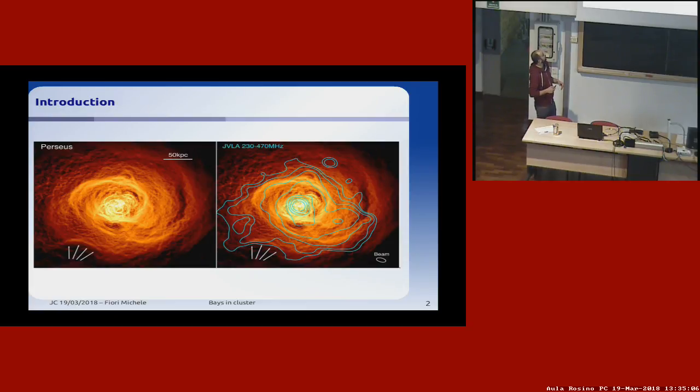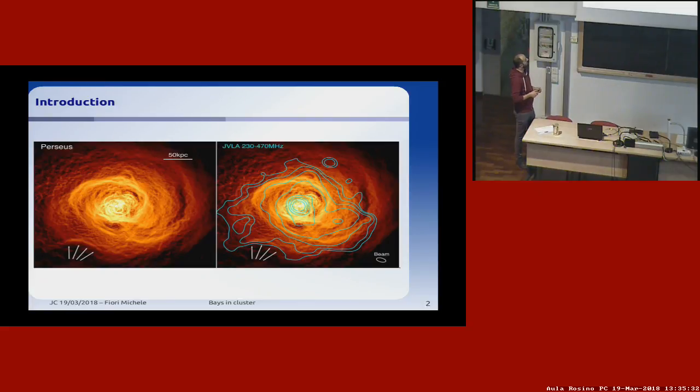cluster. We see in this case that in the past there has occurred a minor merger event that induced gas sloshing and produced these features in the cold gas.